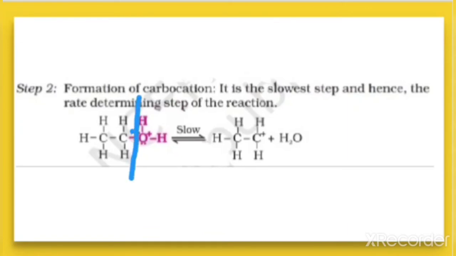It results in the formation of water as a product, and it results in the formation of a carbocation. Look at here, now where is the positive charge? The positive charge is on this carbon. So what we call that is a carbocation. So in the second step, there is a formation of carbocation with the removal of water.